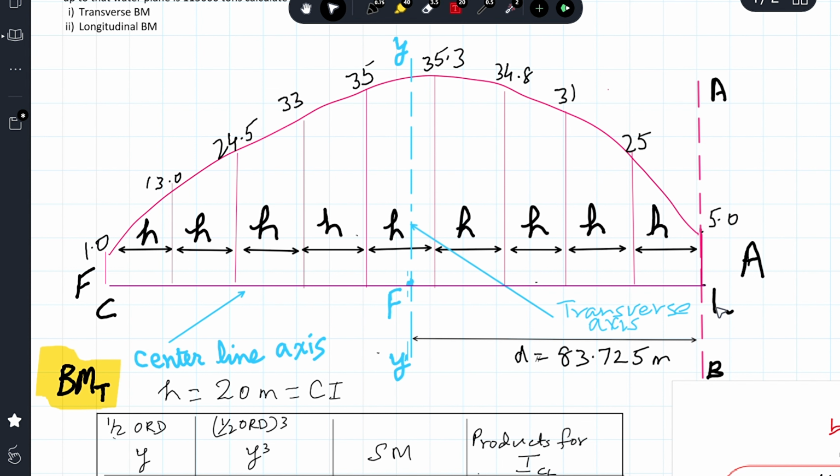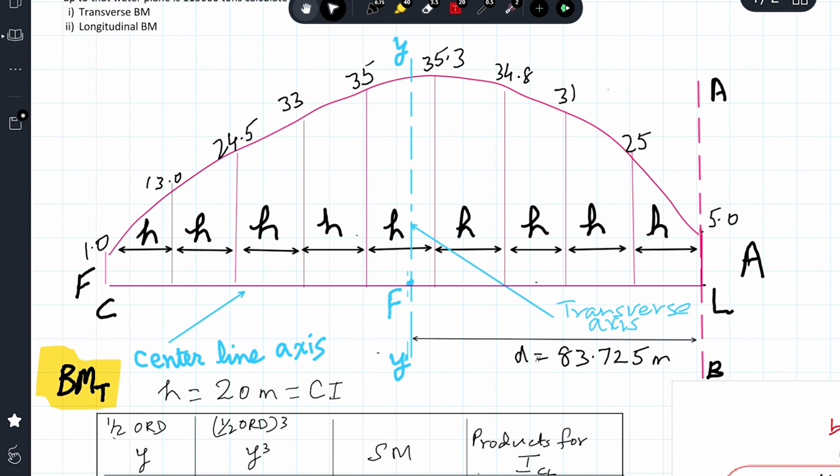Then I will apply parallel axis theorem, and I will get moment of inertia about the center of rotation, y. So these are the two axes. But I need to know this distance of the center of rotation, because for parallel axis theorem we need distance between the two axes.